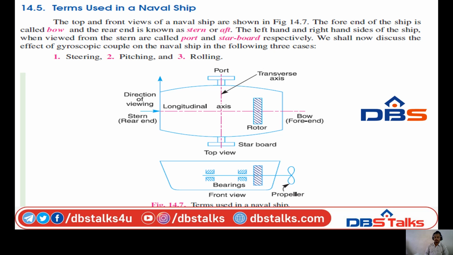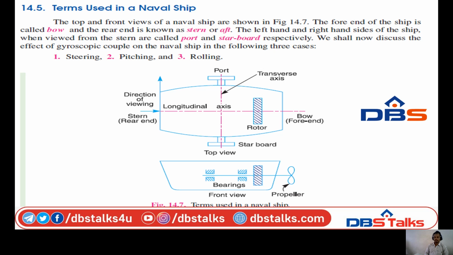Previously we discussed the aeroplane, where the gyroscopic couple acts when we are turning in either the left hand direction or the right hand direction. Here also, the left hand and right hand sides of the ship when viewed from the stern are called port and starboard.